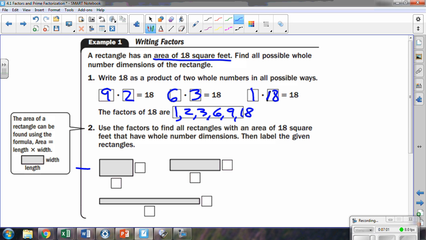Is this the 9 and 2, 6 and 3, or 1 and 18? Which one do you think it is? There's our 3 and 6. We should obviously recognize that really long and skinny are going to have to be 1 and 18. And then, of course, that leaves us with 2 and 9.